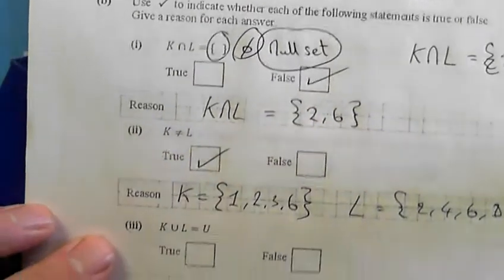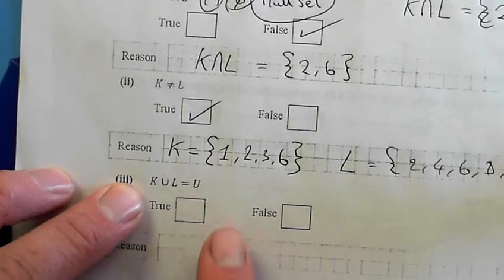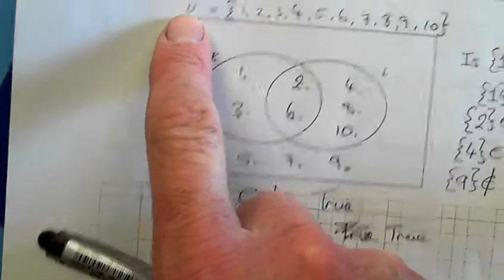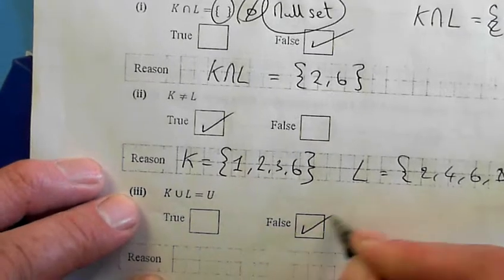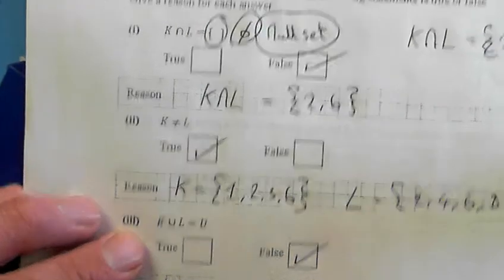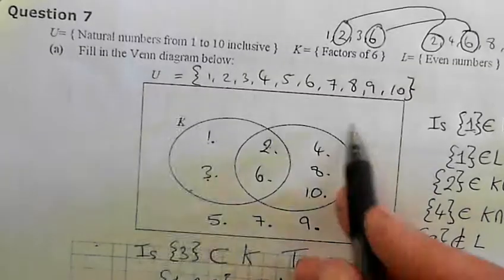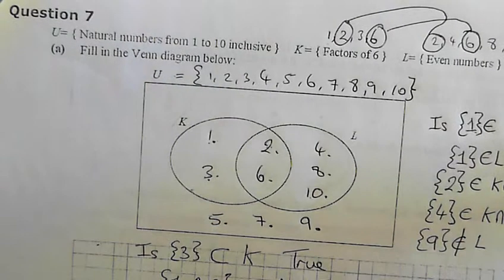All right, we'll do another question here. K union L is equal to the universe. The universe. That universe is everything inside. It's false, isn't it? Why? Because K union L is equal to everything inside the box, which is here. Hold on, we'll have a look at it.